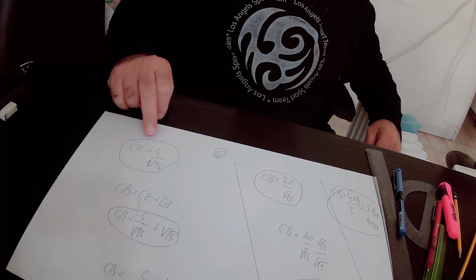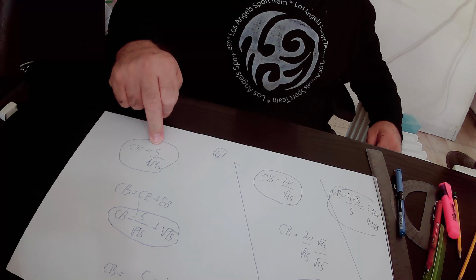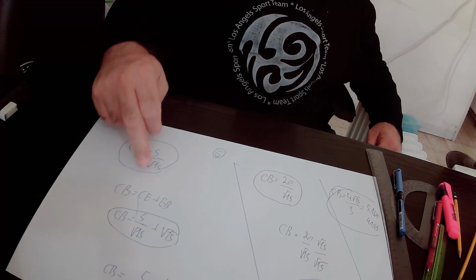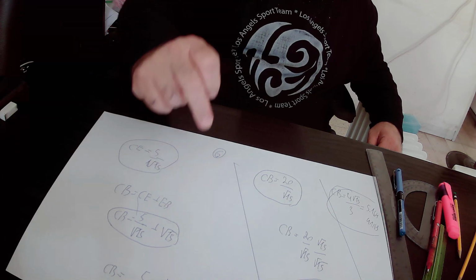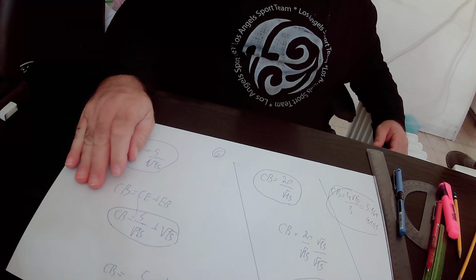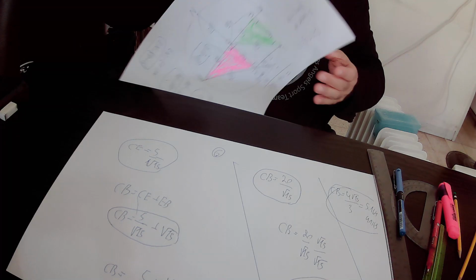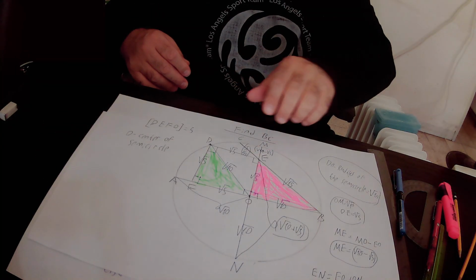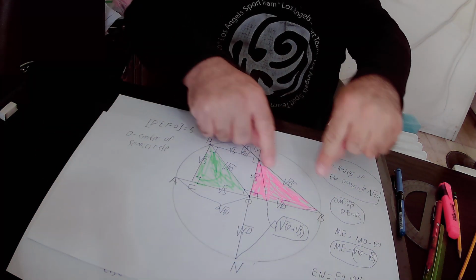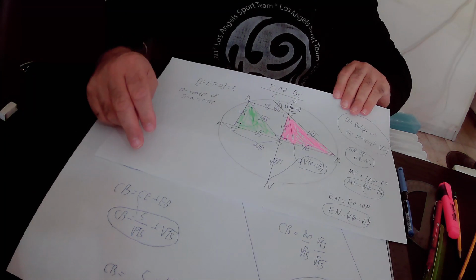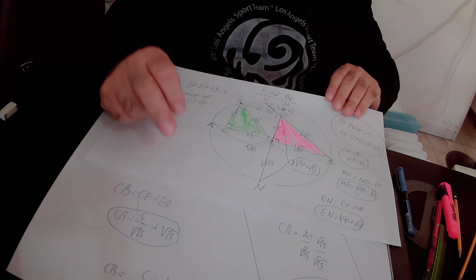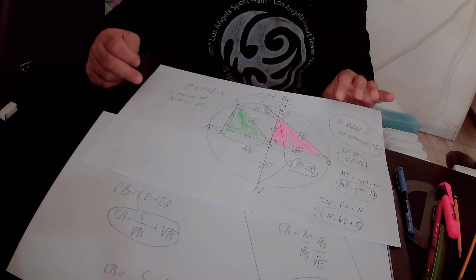We have already found that CE equals 5 over the square root of 15. We know that EB equals the square root of 15. So in conclusion, the length of this chord called CB equals 5 over the square root of 15 plus the square root of 15.